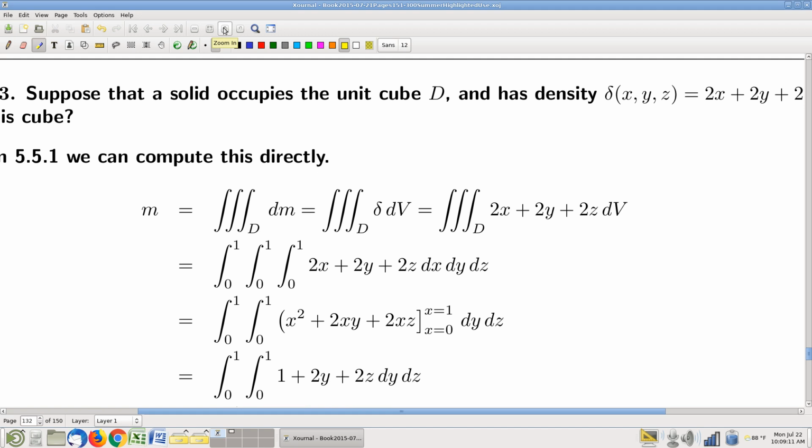Okay. You do still also have to worry about the integrand. So let's look at this integrand here. There's a temptation to look at each one of these terms and think, okay, well, the antiderivative of 2x is x squared, and there's a temptation to say the antiderivative of 2y is y squared. It's not. We're not doing an integral with respect to y. We are doing an integral with respect to x. X is the variable.